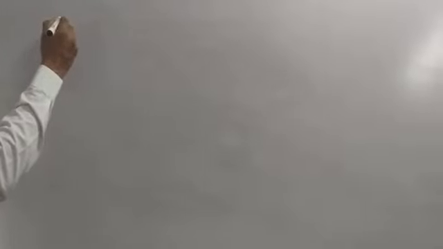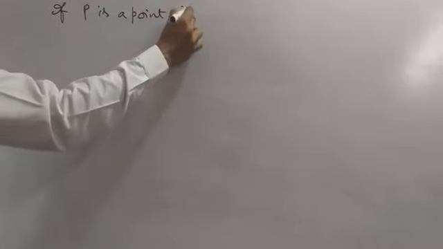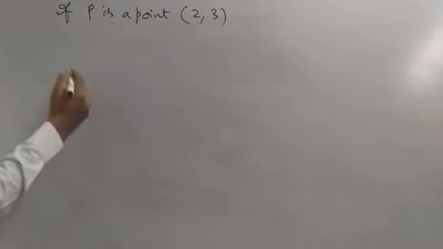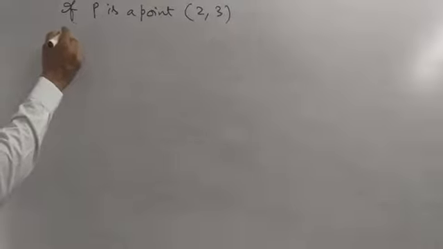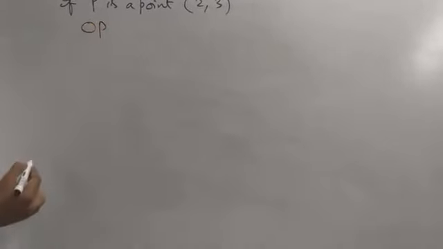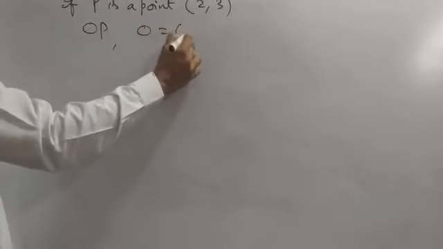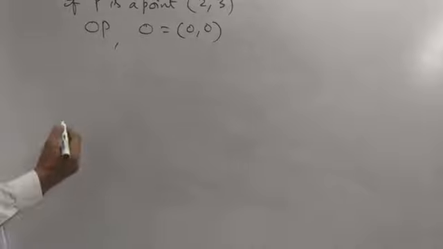Let us observe one more problem. Suppose if P is a point (2, 3), then what is the distance from origin? That means OP. So clearly we know origin O is nothing but (0, 0).